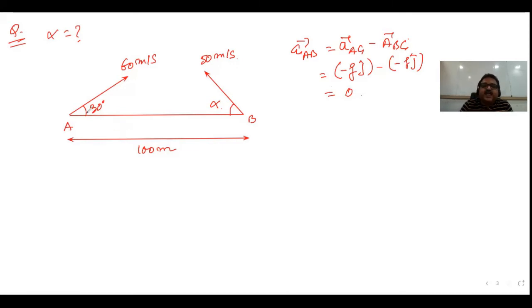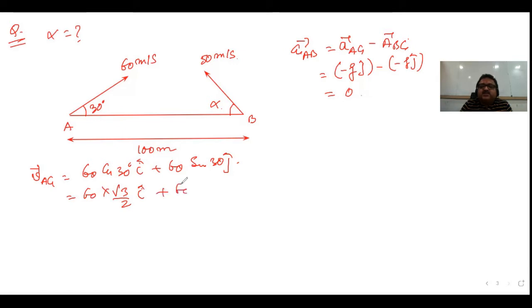Now what to do? As I told you, resolve this into two components. VA, that is the velocity of A with respect to ground, is what? 60 cos 30 i cap plus 60 sin 30 j cap. Now cos 30 is what? That is root 3 by 2 i cap, and sin 30 is what?